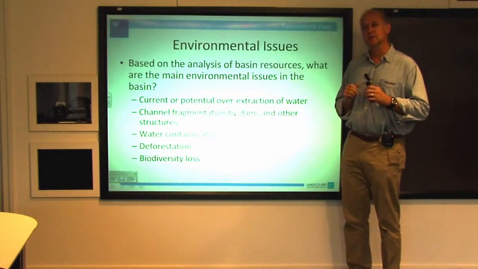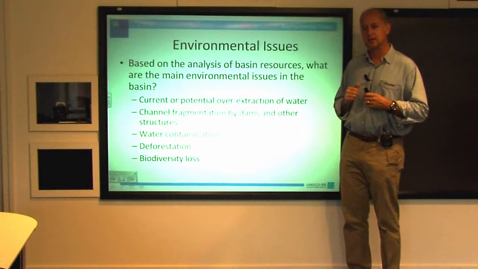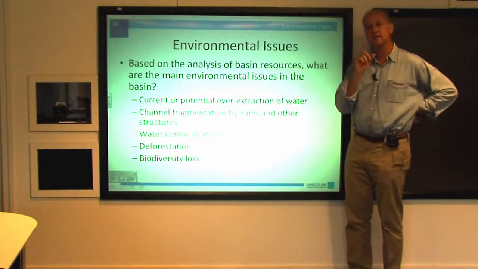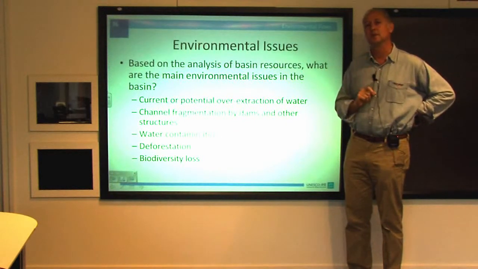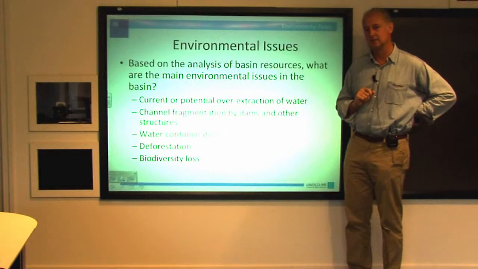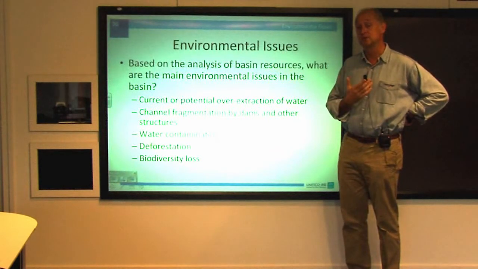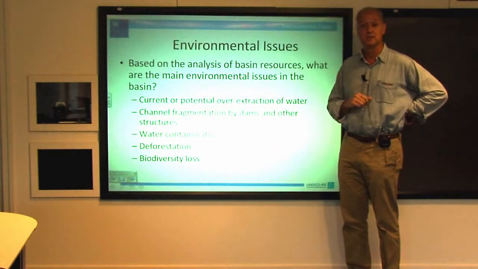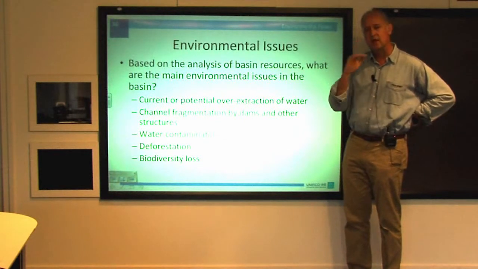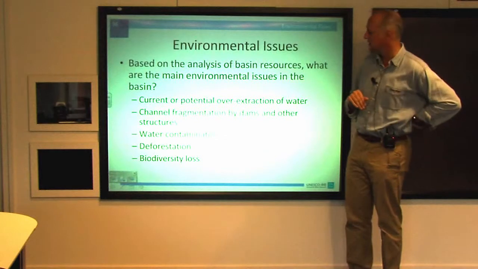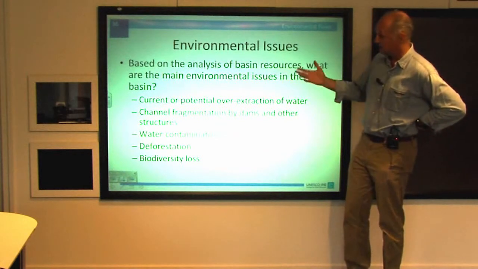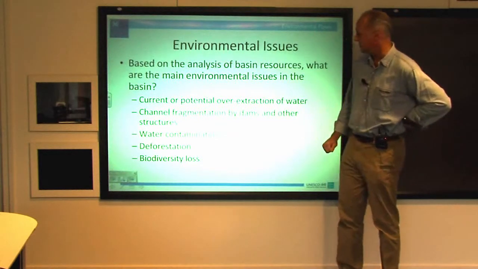We also want to use this body of information that we have collected to identify some of the critical environmental issues in the basin, and even through the efforts of our own groups or consultations with stakeholders, begin to prioritize what some of the big issues are. I've just included some examples here.